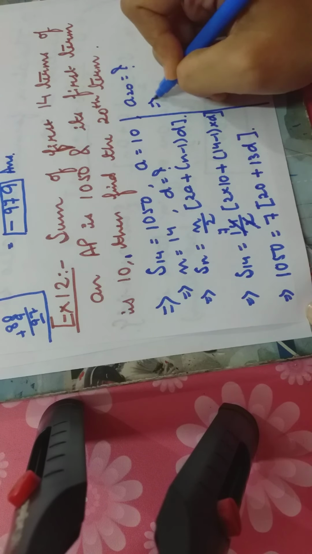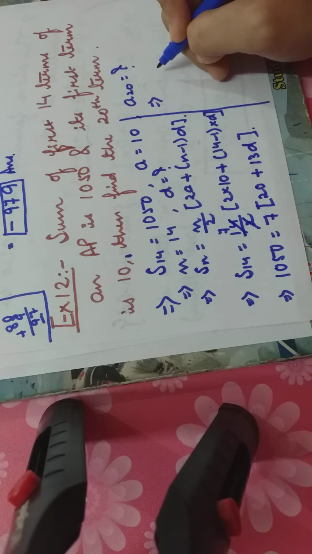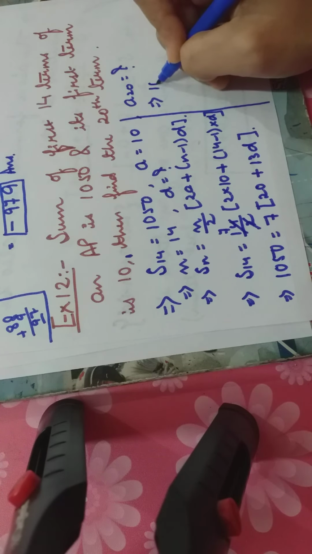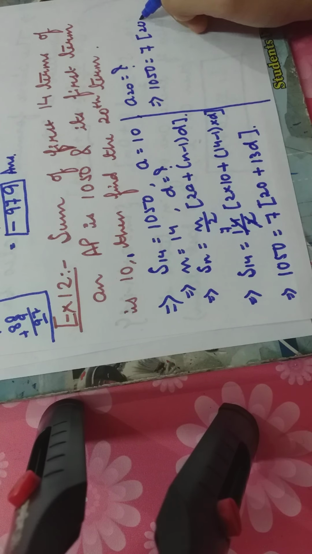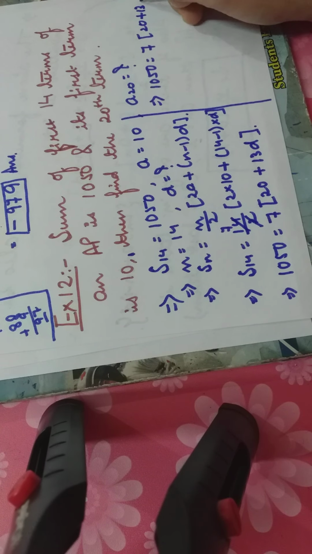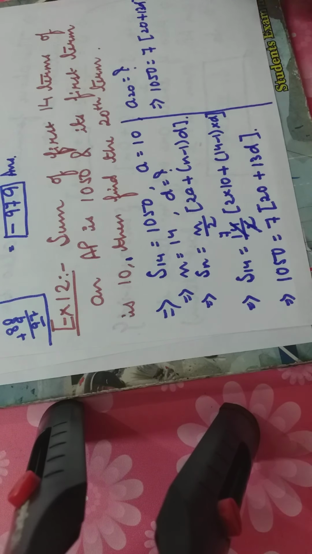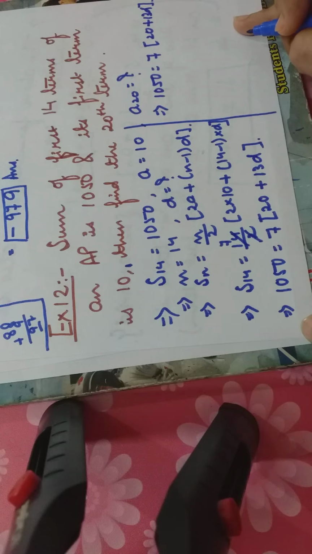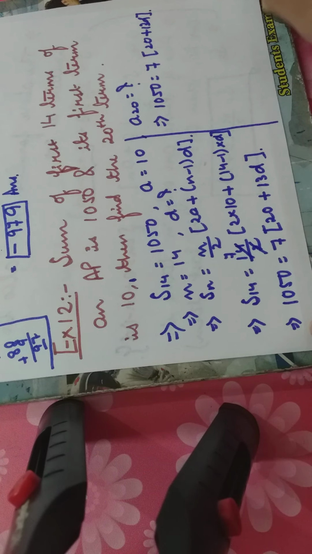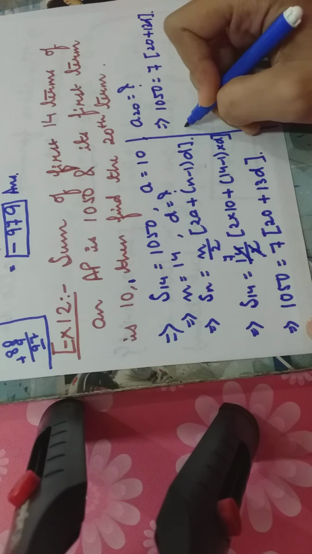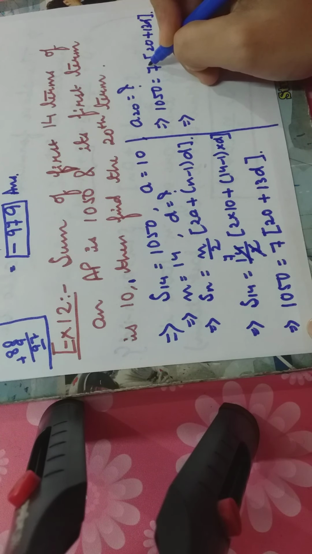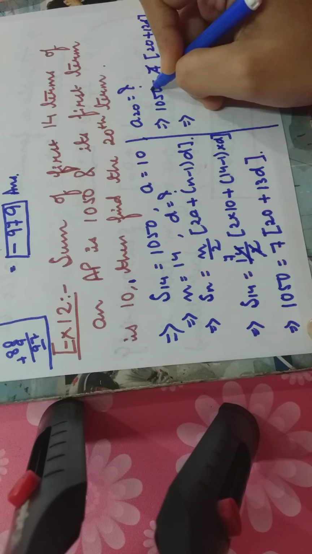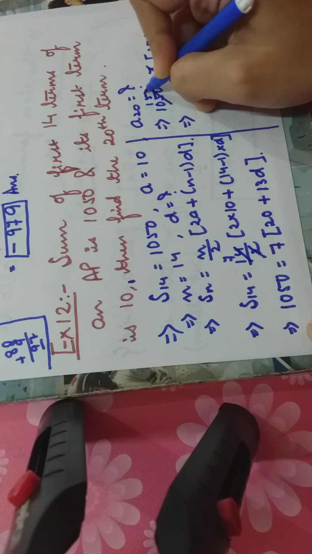Now I am solving it on the right column. 1050 equals 7 into 20 plus 13d. First I have to find the value of d, then I will find the 20th term of that AP. 1050 is divisible by 7, so I will cancel on the LHS and RHS: 7 1s are 7, 7 5s are 35, 0.